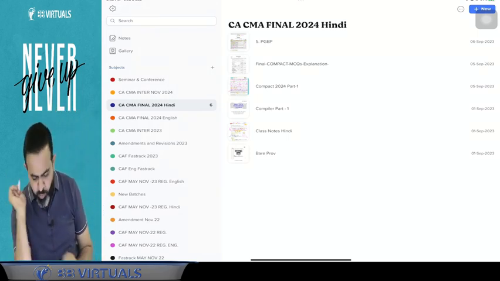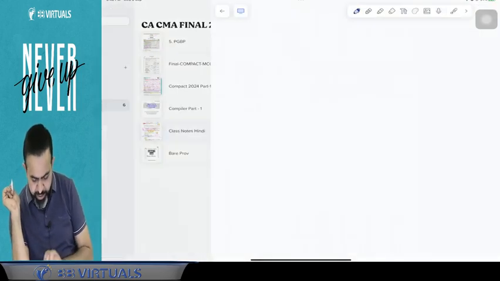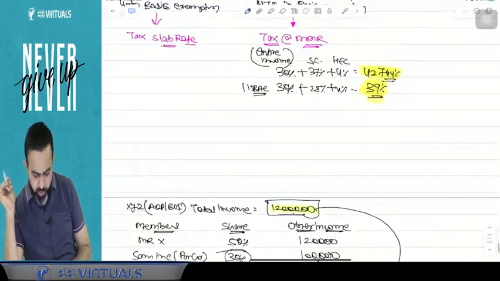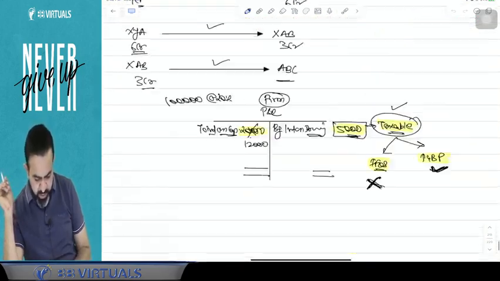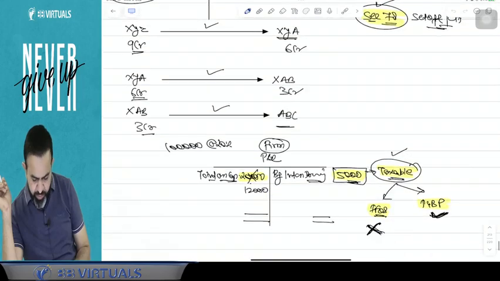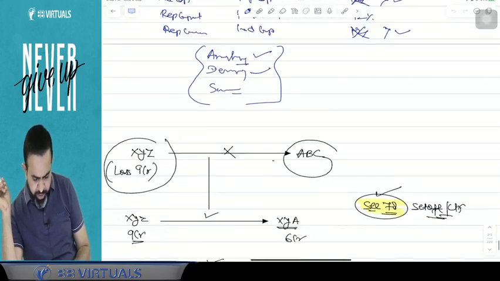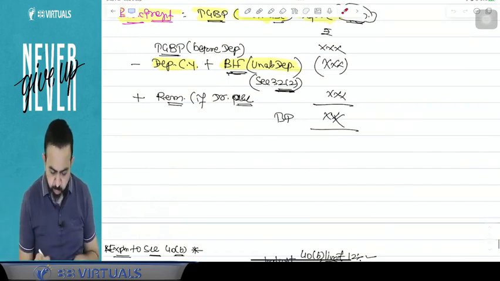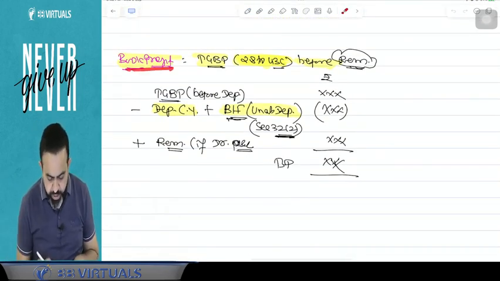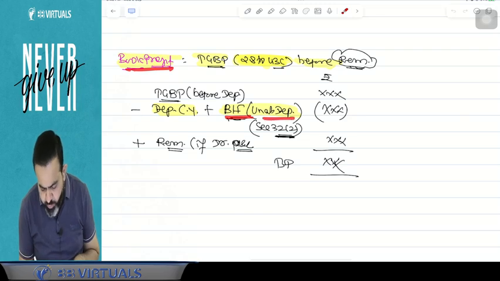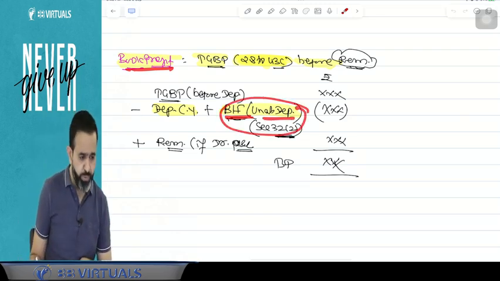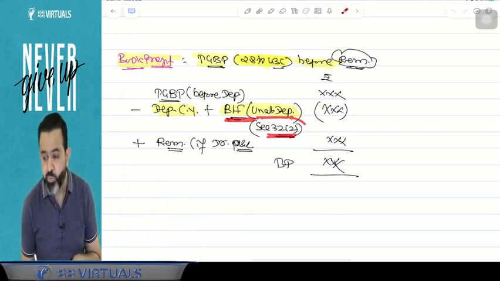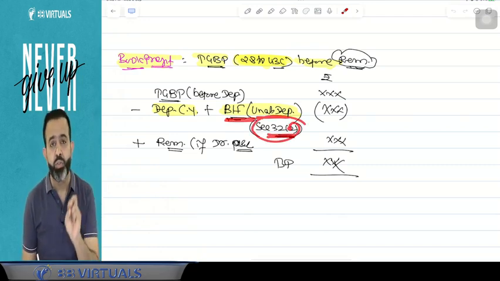While calculating your book profit, I can show you also in the class note. In the class note, before AOP BOI we completed the partnership firm, and in partnership firm I have mentioned that while calculating the book profit, if there is any brought forward unabsorbed depreciation, that also you have to reduce, because this is governed by section 32(2).